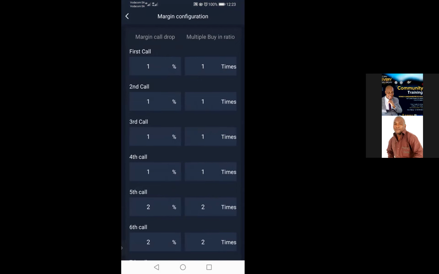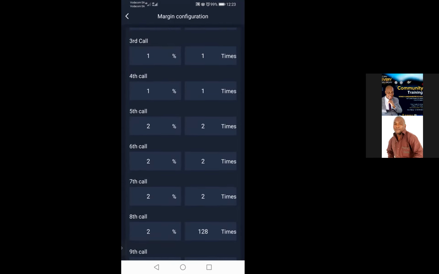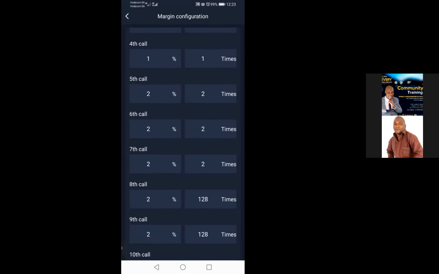Yes, so we know call number 1 to call number 4 have already been taken according to 1 times 15. It's fine, we will leave them as they are. But from call number 5 going down, we're going to put new settings of ours according to the settings that we have for $200.